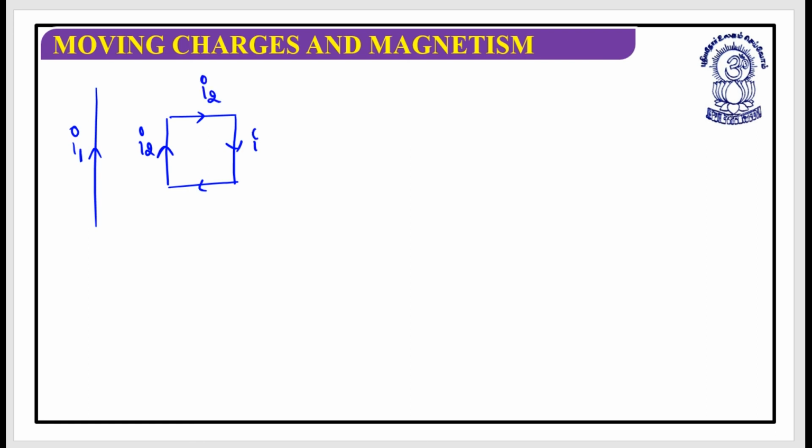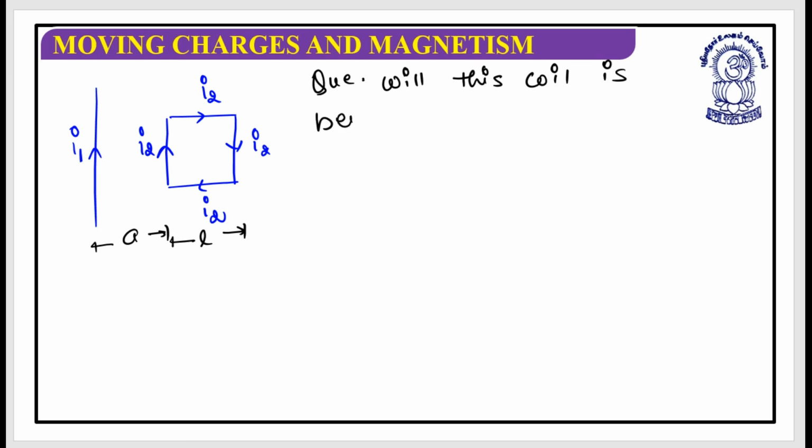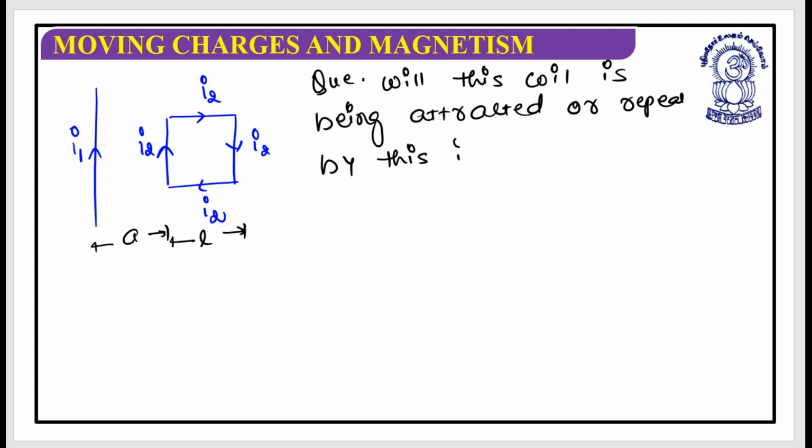Yes. So the question they ask is, let's suppose the distance is given, this is A, and this is a square of length L. Will this coil be attracted or repelled by this infinite length wire?